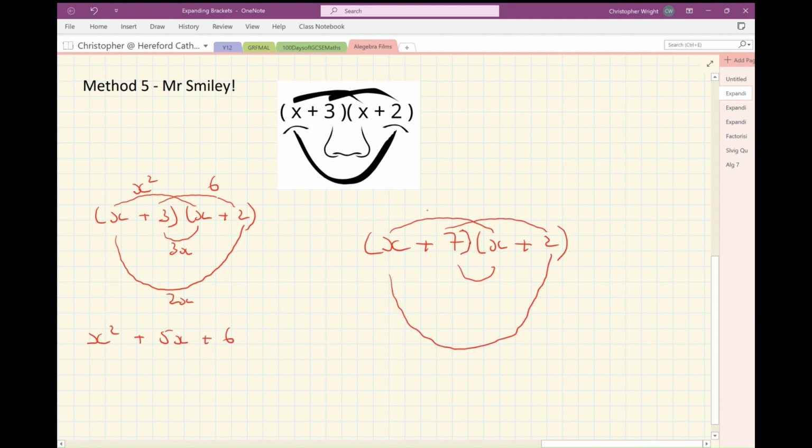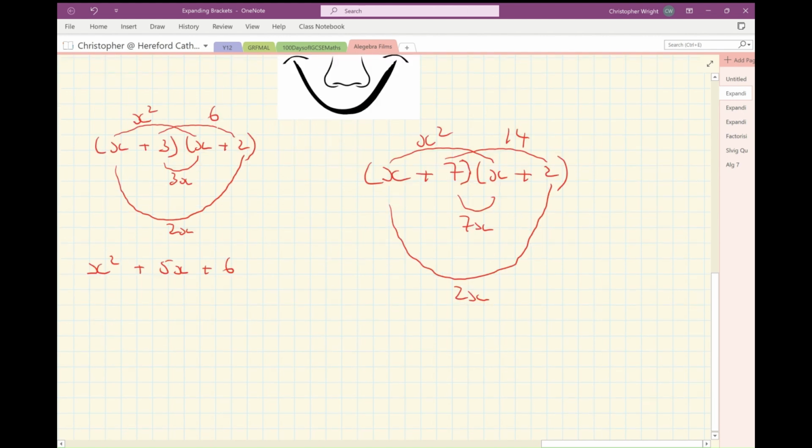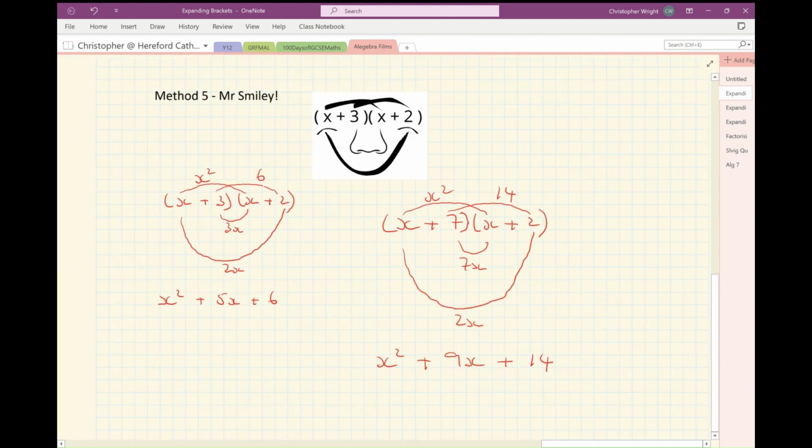Right, first eyebrow, x times x is x squared. Second eyebrow, 7 2s are 14. Nose, 7 times x is 7x. Mouth, x times 2 is 2x. So altogether I've got x squared, the first eyebrow. The nose and the mouth altogether give me 9x. And the second eyebrow gives me 14.